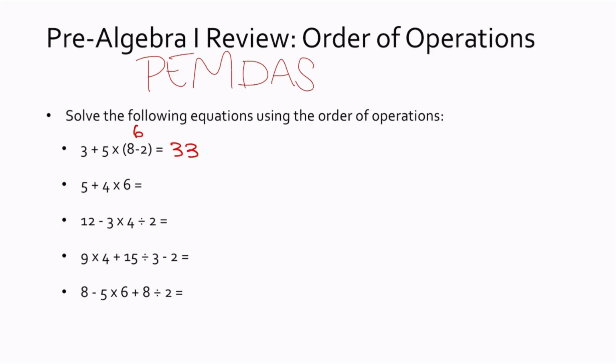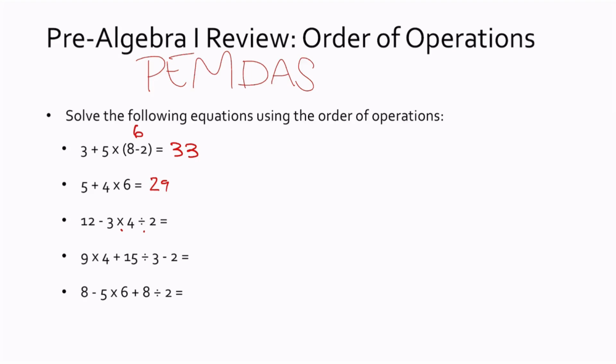In the second one, we have multiplication, so we have 4 times 6 is 24, plus 5 is 29. On this one here, we have multiplication and division. And with our order of operations, it doesn't matter which one we do first. We just work from left to right. So if there's a division first, we'll do that first.